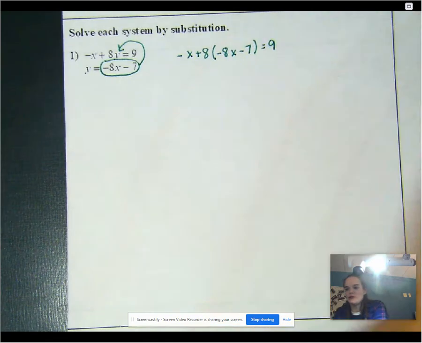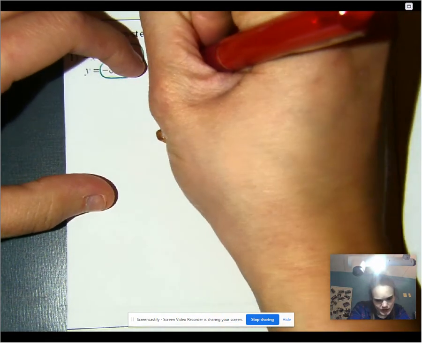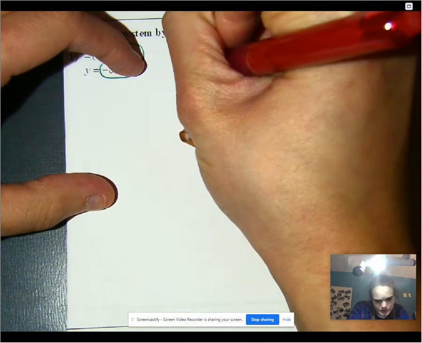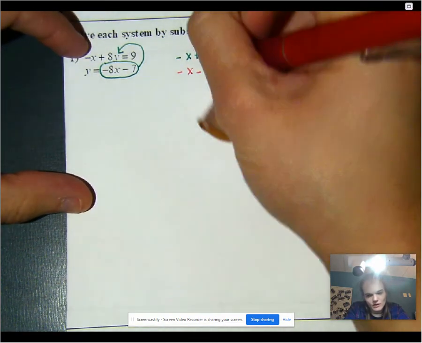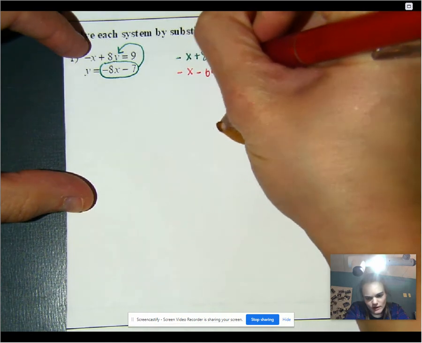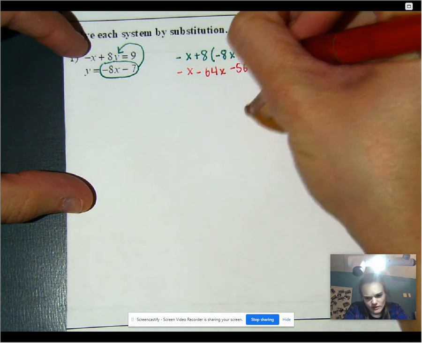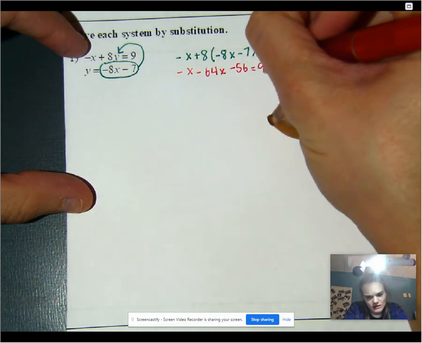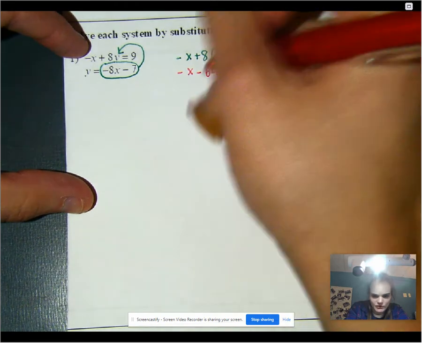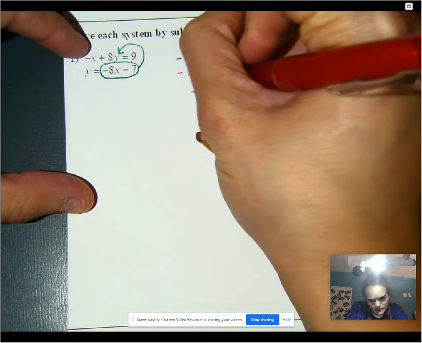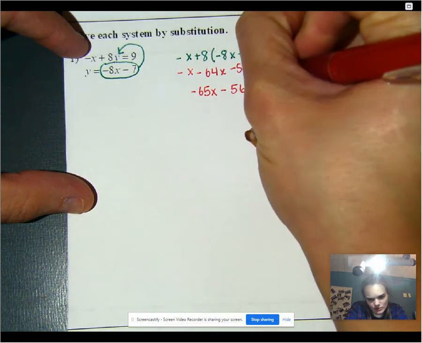We are going to distribute and solve for x. Negative x minus 8 times 8 is 64x. 8 times negative 7 is negative 56, and that is equal to 9. Okay, combine like terms, negative x and negative 64x is negative 65x minus 56 equals 9.